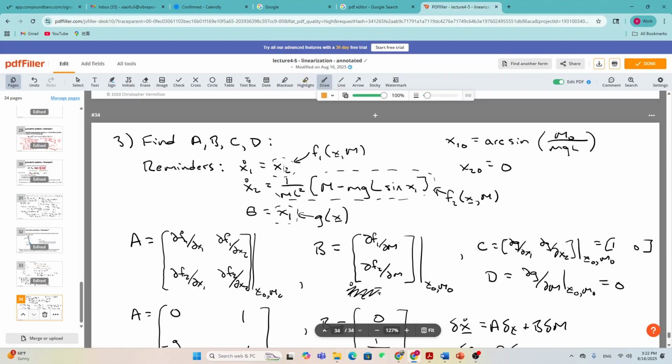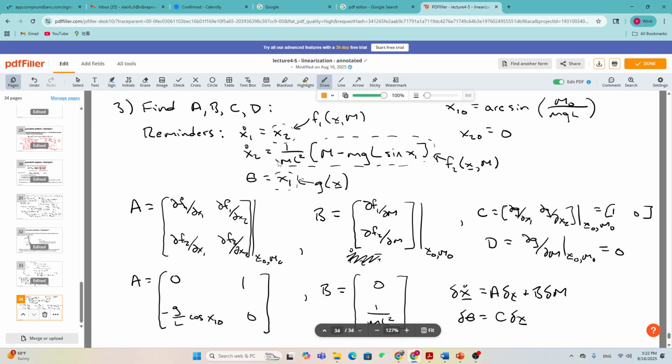So with respect to x1, the partial derivative is 0, and with respect to x2, you get 1. This is your f2. If you take the derivative with respect to x1, sine gives you cosine. But since it's only a function of x1, the derivative with respect to x2 is 0.